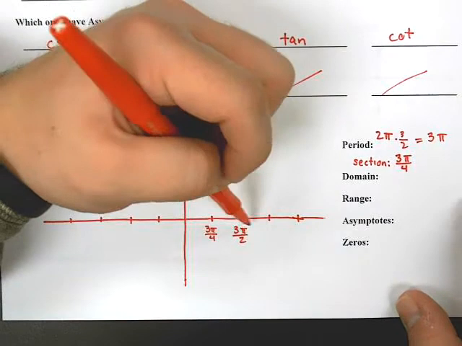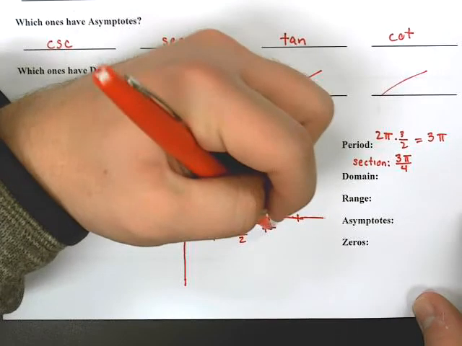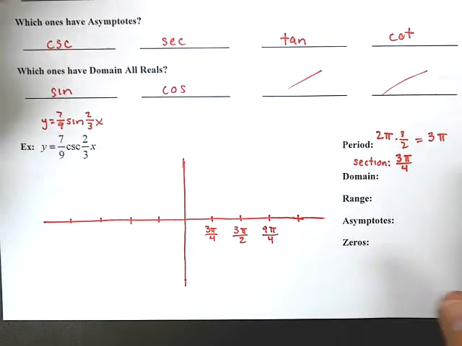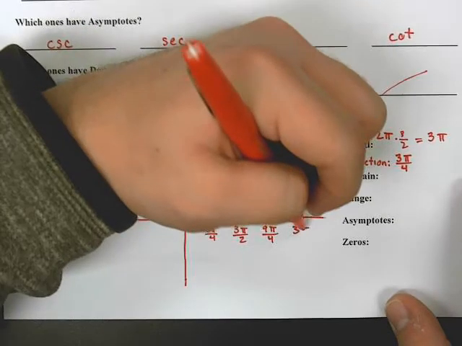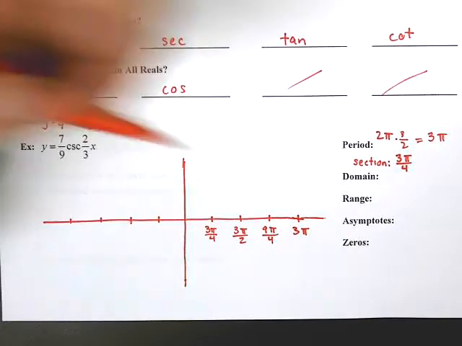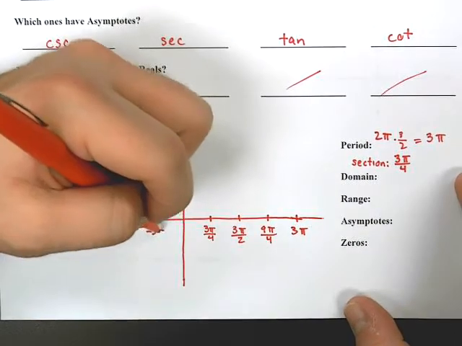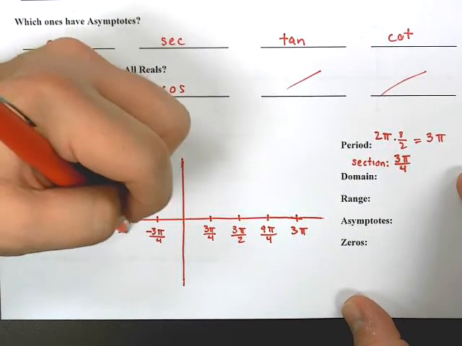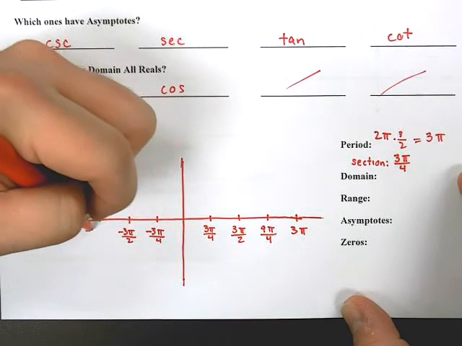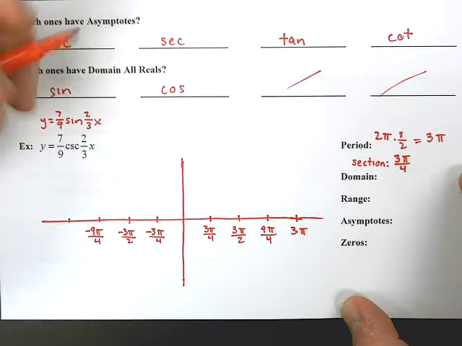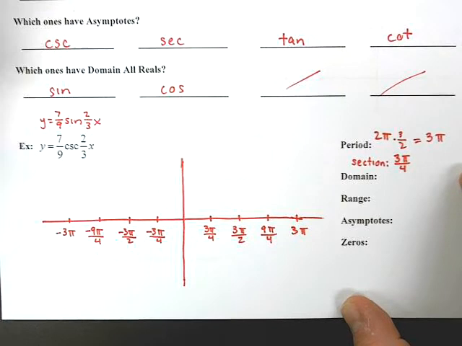Well, 6 pi over 4 plus another 3 pi over 4 is 9 pi over 4, and that does not reduce. And then when I add one more 3 pi over 4, I get to 12 pi over 4, or just 3 pi, which is exactly what I wanted. And then I go back the other way: negative 3 pi over 4, negative 3 pi over 2, negative 9 pi over 4, and lastly, negative 3 pi.